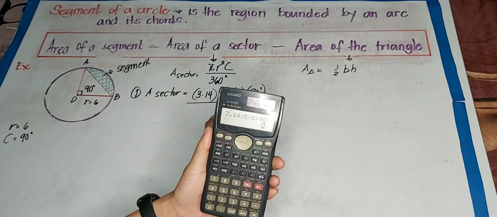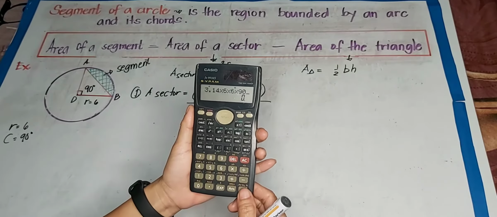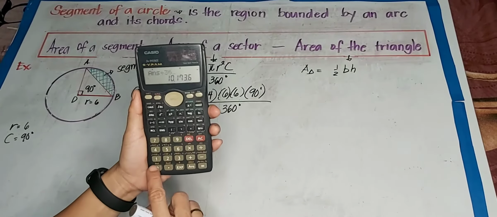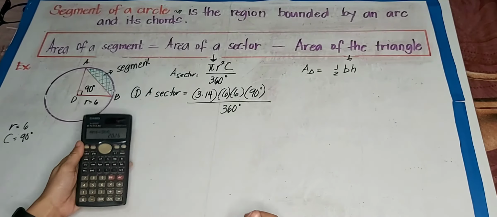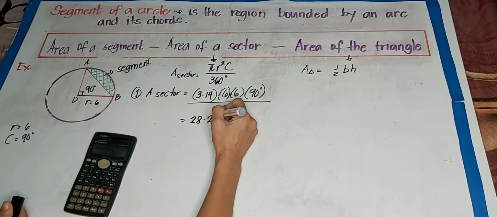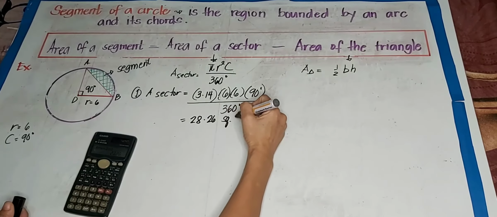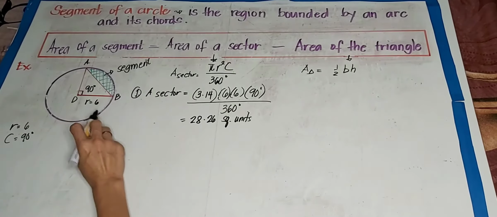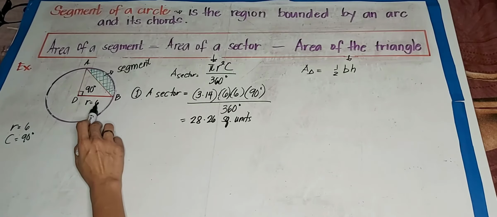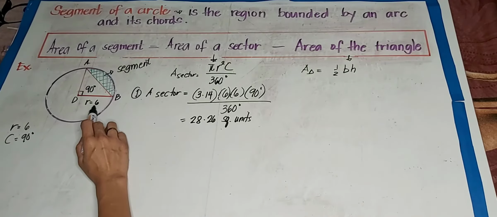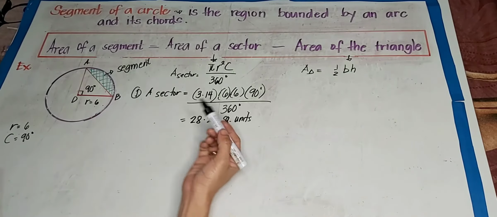Kung gusto nyo yung 36 na to, pwede rin naman, pareho na yun. And then, divide it by 360 degrees. The answer is 28.26 square units. Okay, square units kasi nga ang ating radius ay 6. Kung ito ay centimeter, centimeter squared. Kung ito ay 6 inches, this is inches squared.